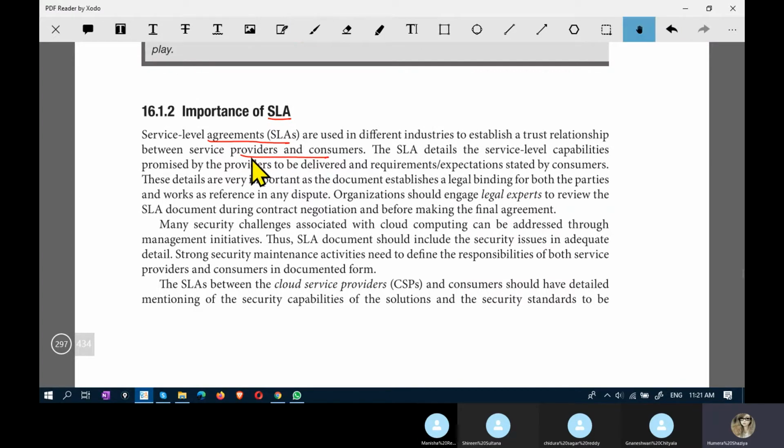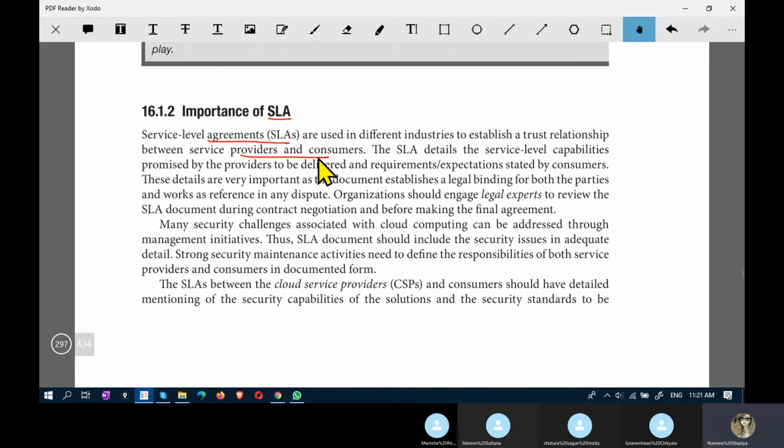If providers state that they provide encryption for all the documents that are stored in their environmental purview, then that is stated here, and the consumer expects that total confidentiality is maintained. The consumer's data is not exposed to anyone else, and it is totally encrypted.